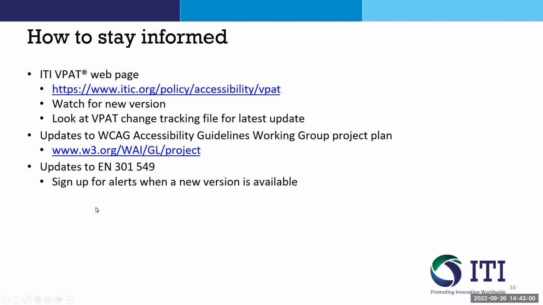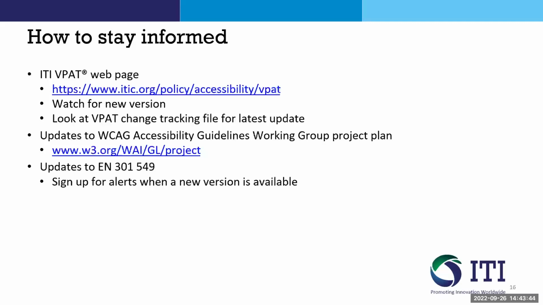Okay, how to stay up to date, how to stay informed. ITI's VPAT webpage is at www.itic.org/policy/accessibility/vpat. You can go to that URL. That's where the new versions will be, and where you can find out the tracking changes for the latest updates.